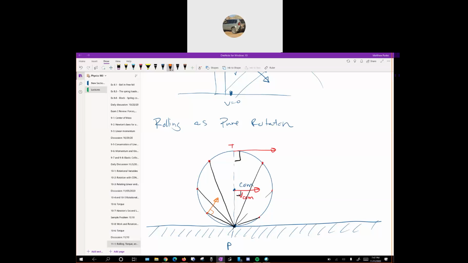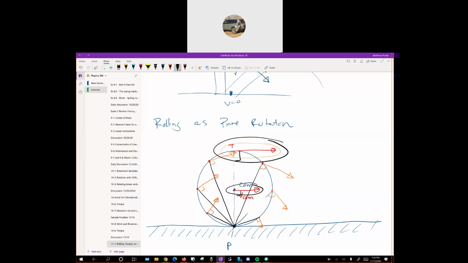A velocity vector at that point, a little bit longer, perpendicular to that line. A velocity vector almost, but not as long as this one, perpendicular here. And then similarly on the other side. And this would be just a little guy right there. So what this gives us is the fact that this right here is half of this.